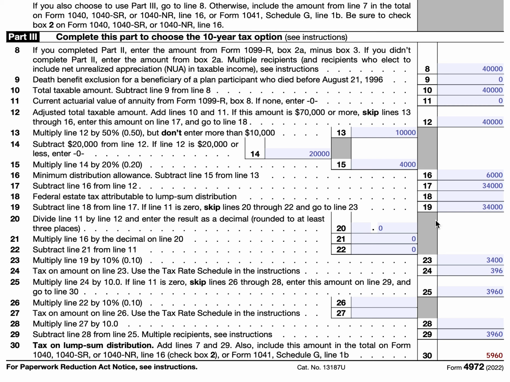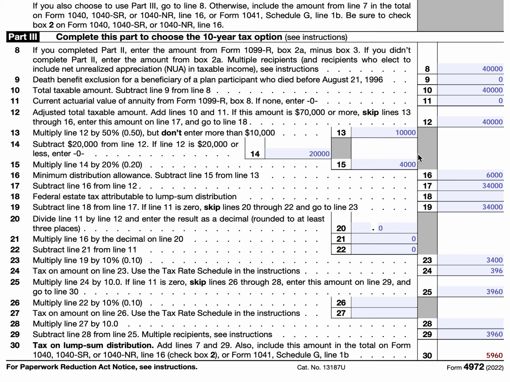So we're going to assume that we're well under the estate tax threshold, and this doesn't apply to our situation. So we're carrying down the line 17 number to line 19 because there's nothing to subtract in line 18, so $34,000.